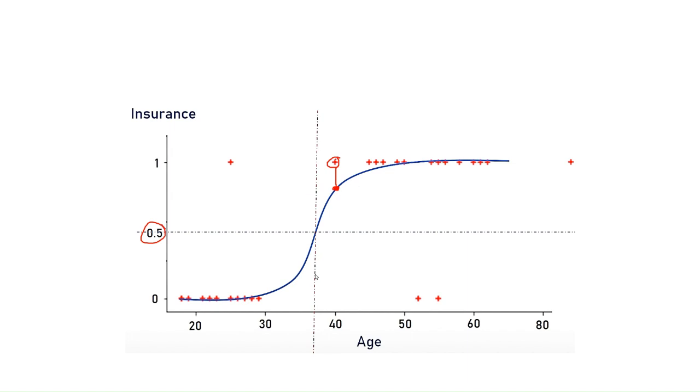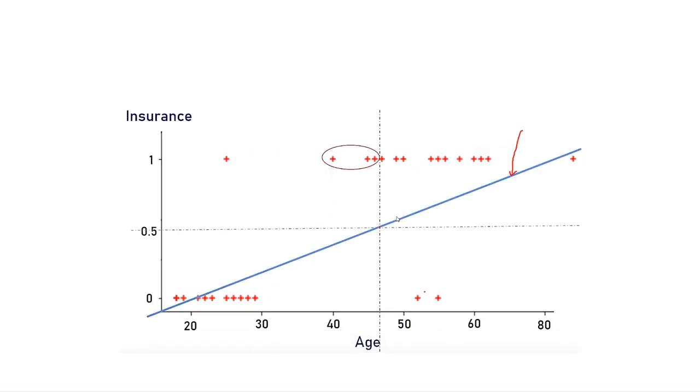So this will definitely be classified as class 1. Similarly, all these points will be classified as class 1, and all the points below the threshold value will be classified as class 0. So this looks nice compared to this type of straight line.